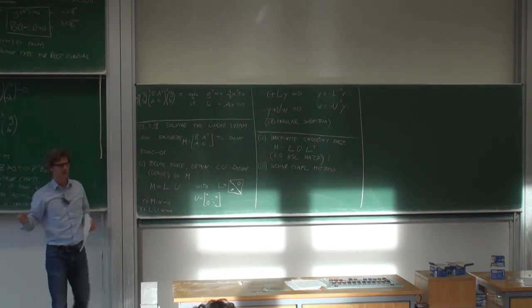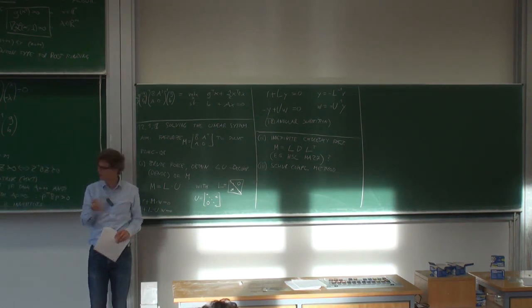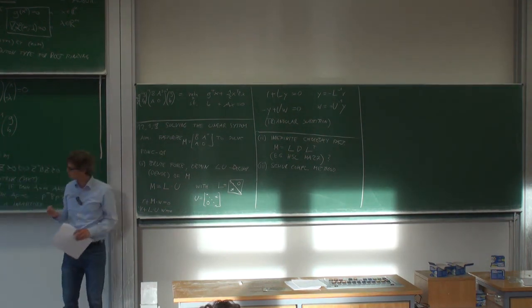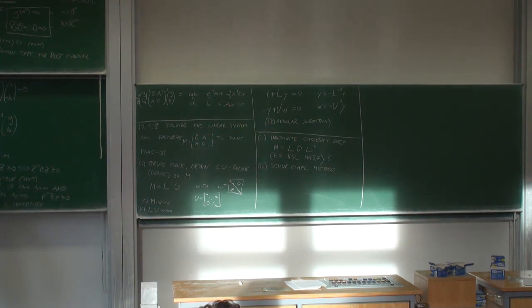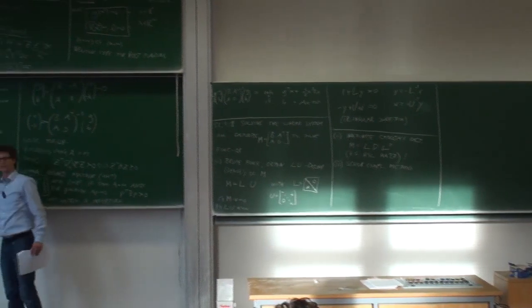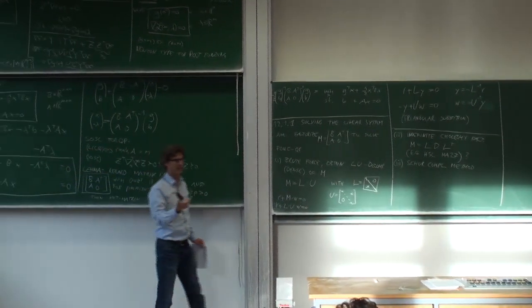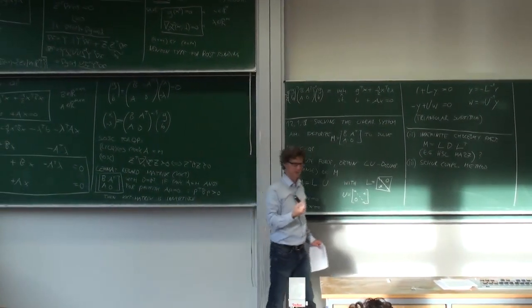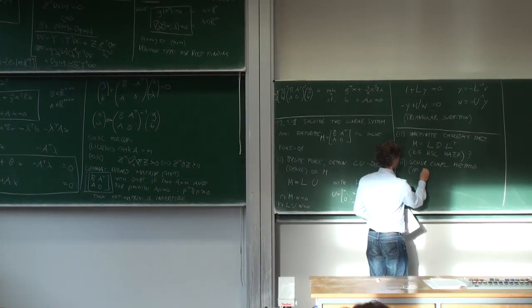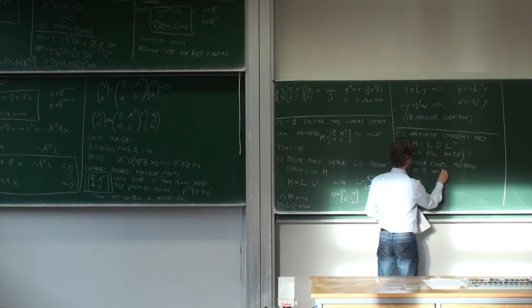We can decide to eliminate one of the two variables first. If this B turns out to be an invertible matrix, which it sometimes is, then we could eliminate x as a function of lambda, plug this x into the second equation and solve it. Then we get the lambda, and after we get the lambda, we can get the x from the lambda. So this is applicable if B is invertible.